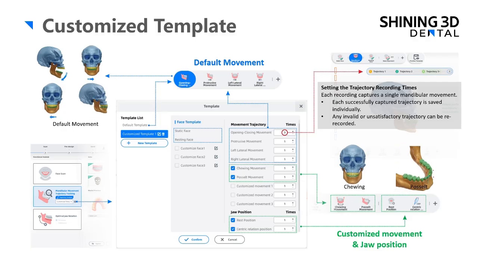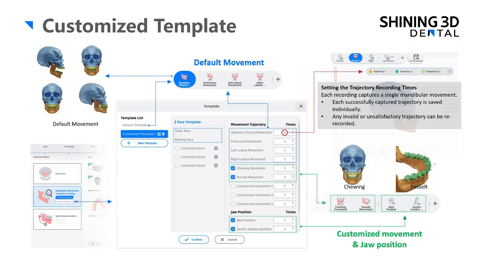For the default movements in the jaw motion trajectory tracking, we have the open-closing movement, the protrusive movement, left lateral, right lateral, and you can also choose the chewing movement, facet movement, and also 3 different customized movements for the dentist to use. The user can also set the times for the movements they want to track, so set the trajectory recording times.